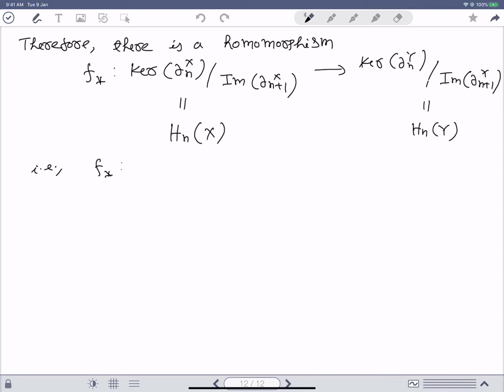So that is f star from Hn x to Hn y, right? Therefore f induces this homomorphism.